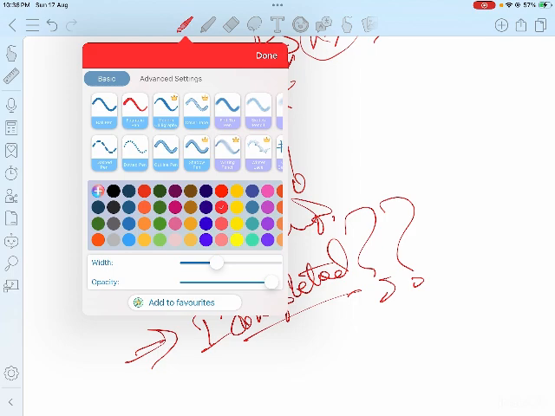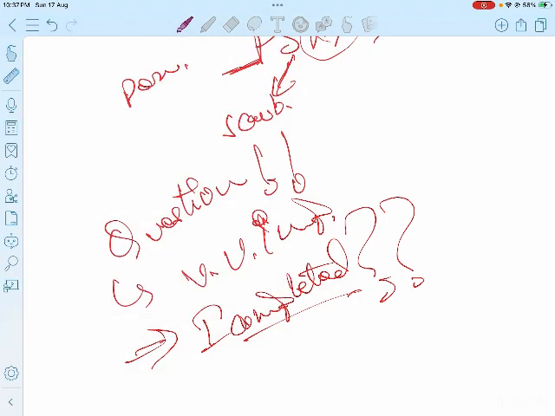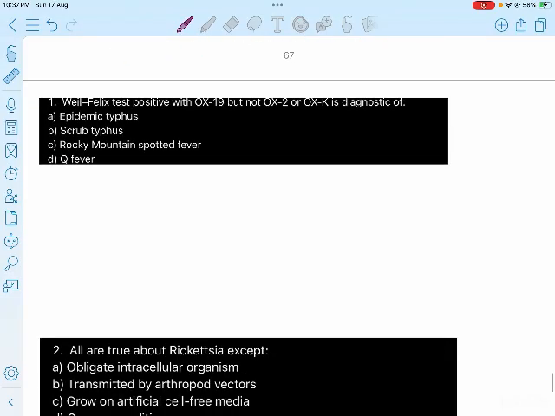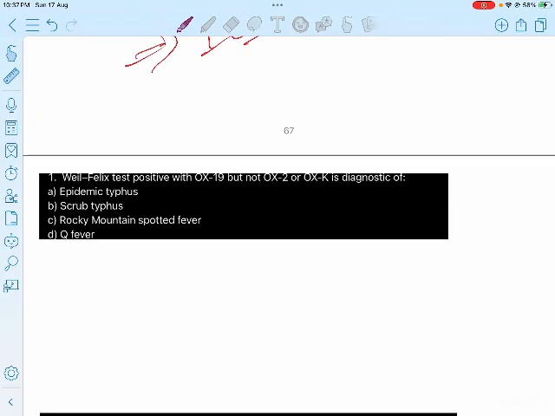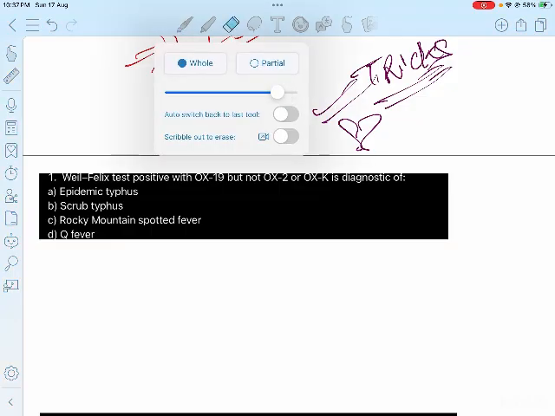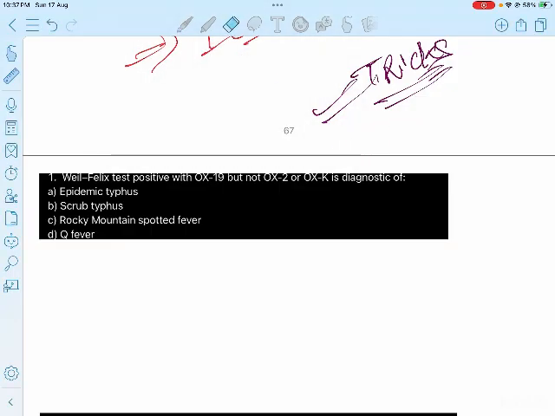I'll also tell you all the tricks that can be used to solve the question. We'll use the information that we already have, and I'll also tell you how to rule out options so that you come to the answer very quickly. All those things we are going to discuss here.